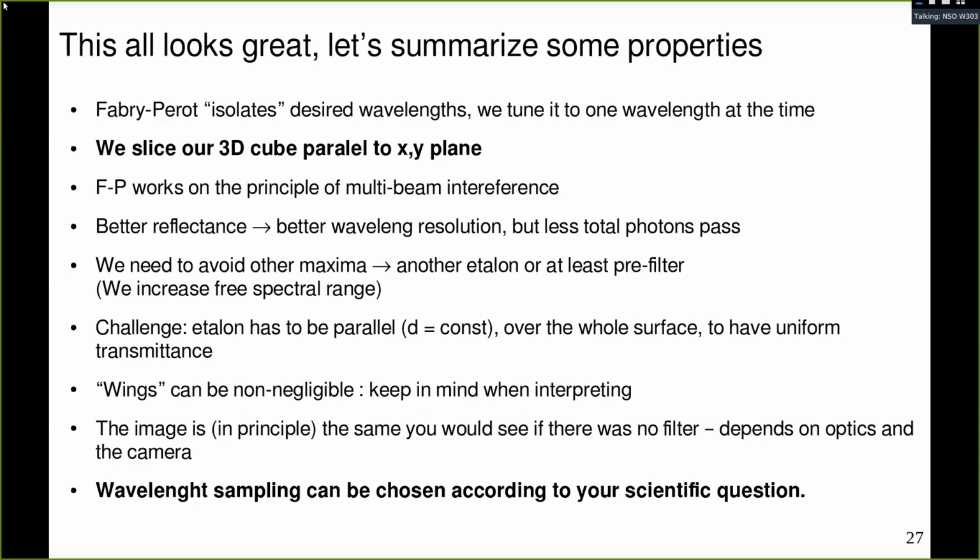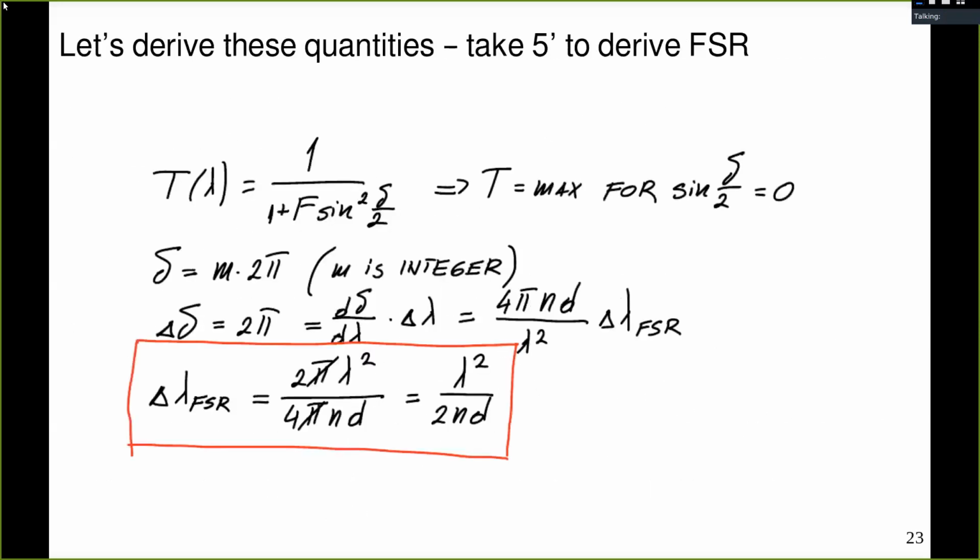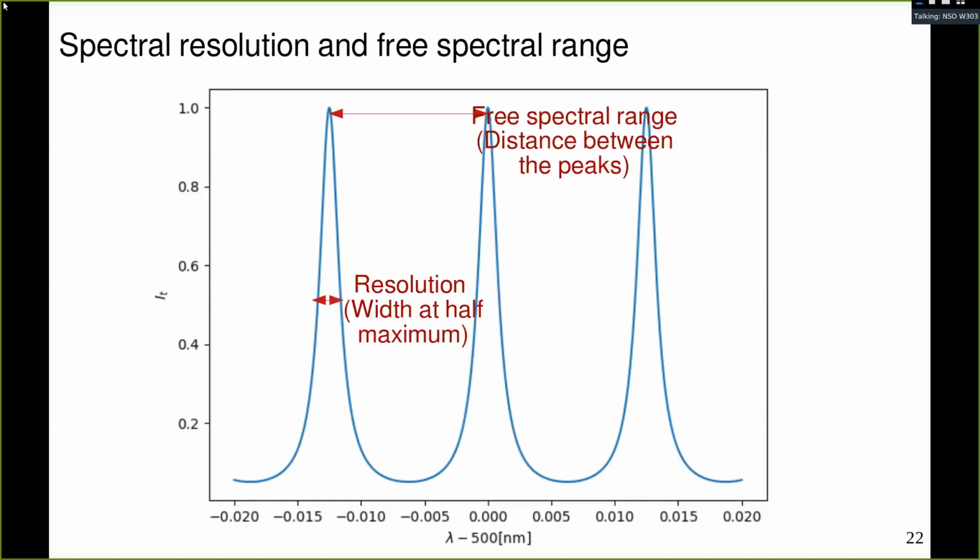One thing that we'll also discuss more on Thursday is that the distribution of the transmittance with wavelength is much more winged in the case of the Fabry-Perot.